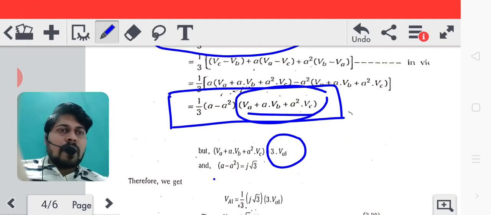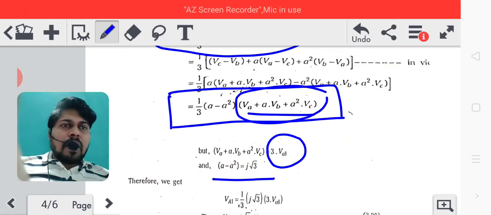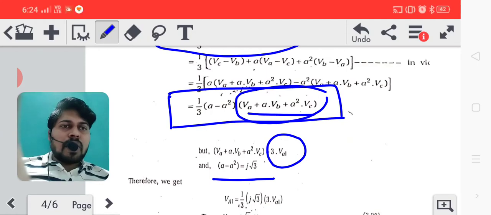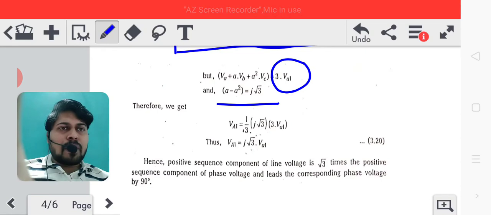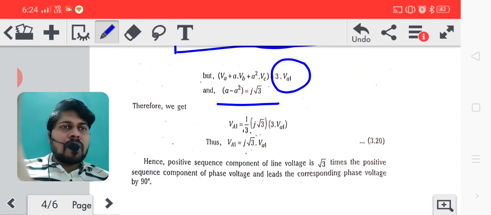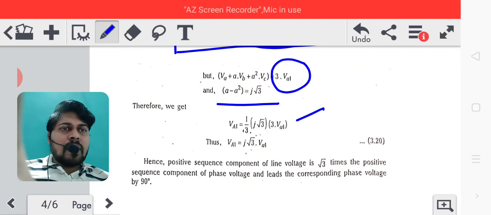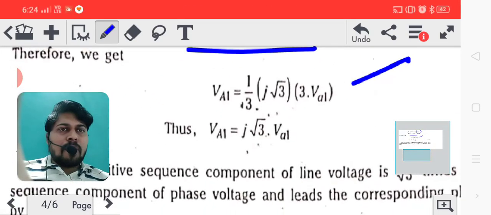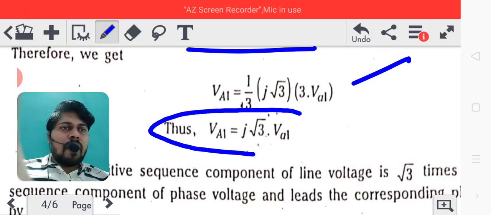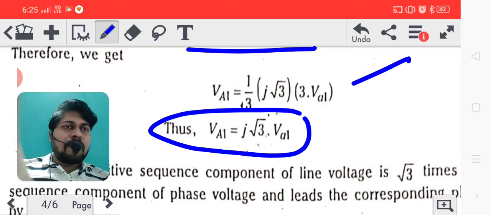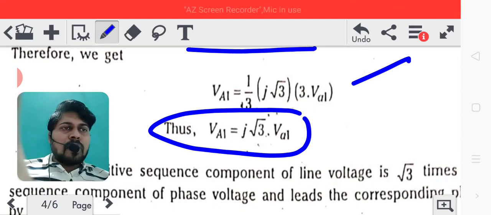We also know that by the a operator, a minus a square is equal to j root 3. Therefore, after substituting in the above expression, we have VA1 is equal to 1 by 3 into j root 3 into 3 into Va1. Here the 3 cancels. Finally, the expression for the positive line sequence voltage is VA1 is equal to j root 3 into the positive phase sequence voltage.